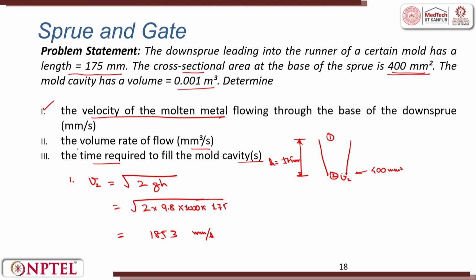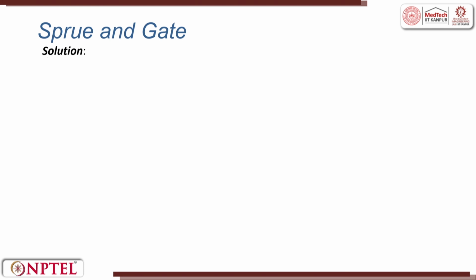Problem 2, the volume flow rate in millimeter cube per second. For the volume flow rate, I need to find Q. Let me say Q is my volume flow rate, and Q1 is equal to Q2. The volume always stays constant. The volume that flows through the entry of the sprue is the same as through the exit of the sprue.